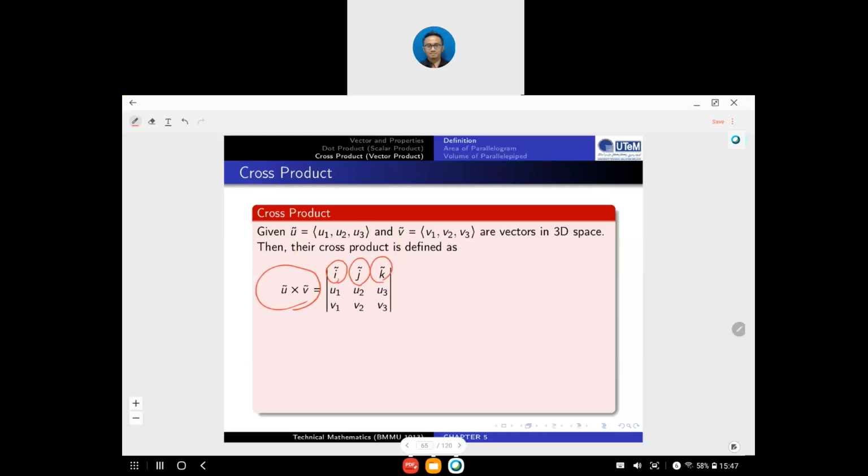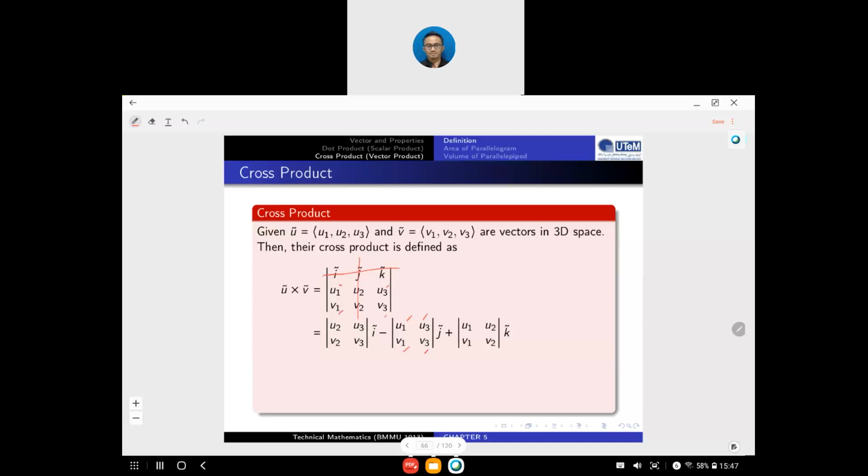So how to find the determinant? When you want to find it for i, here you must write only u2, v2, u3, v3. And then you must put a negative here. Okay, like the geometry we learned before. For vector j, here u1, u3, v1, v3.